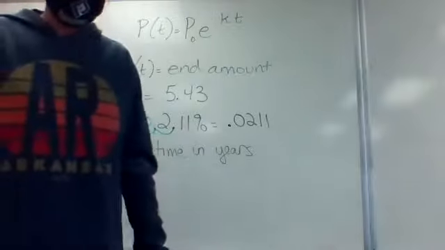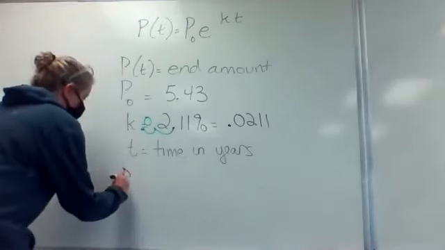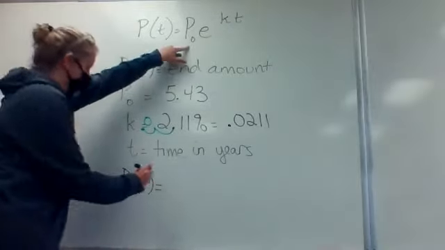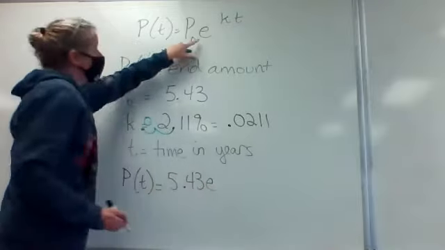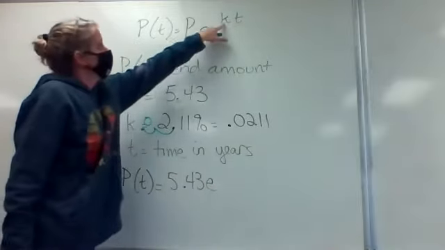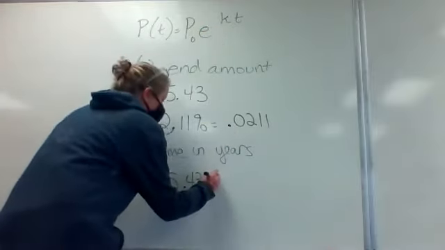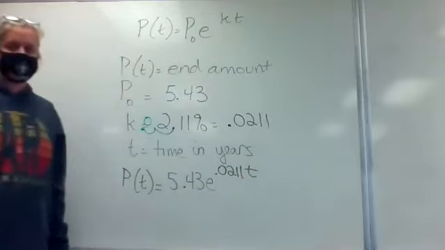That's going to be the answer to the first part of the question. P of T equals, the beginning amount is 5.43, E, then your exponent is going to be the rate, which is 0.0211 T.